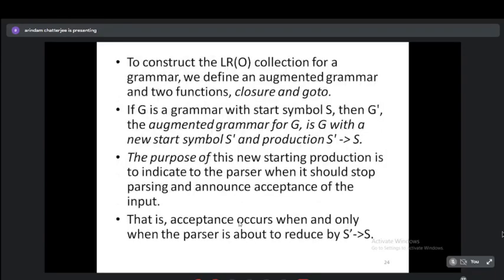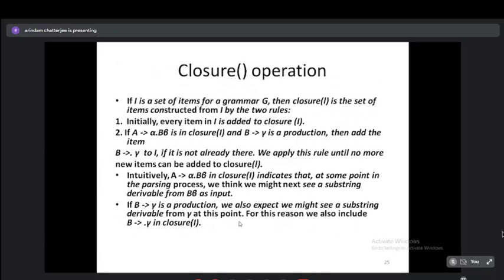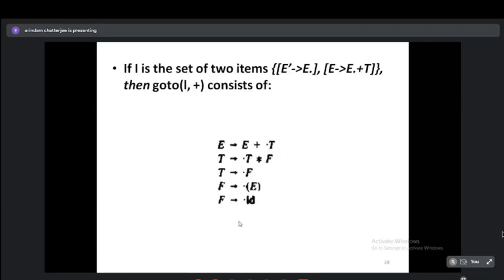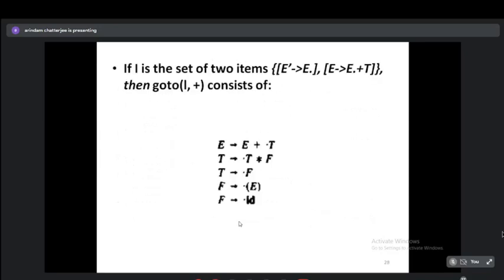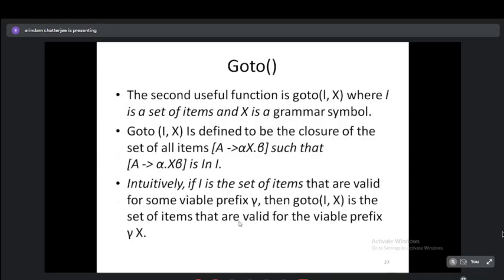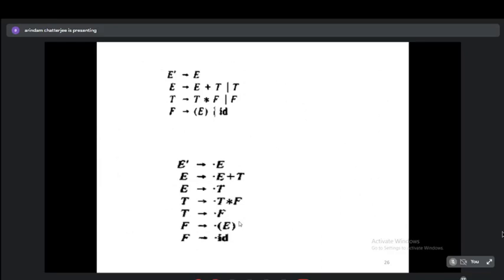Okay, so we'll stop here for the day. We'll start on Friday by defining the operations closure and goto, and constructing the item set for the LR0 grammar we have at hand. This is going to be our grammar: E producing E plus T or T, T producing T star F, F producing within parentheses E or ID, and of course we have the augmented grammar where the starting symbol is E prime.